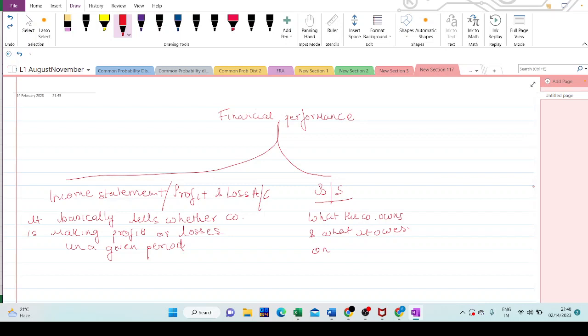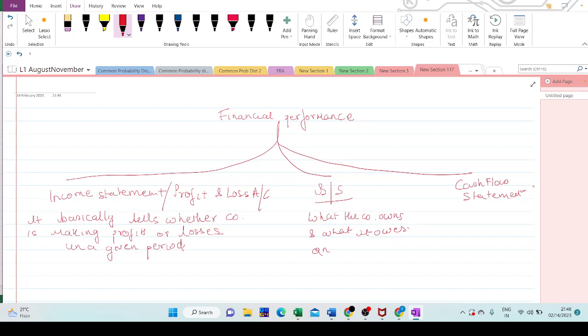Okay. The next is your cash flow statement. What does the cash flow statement tell you? Inflow and outflow of cash. Yes, the cash flow statement will basically show the inflow and outflow of cash. A net cash inflow or a positive cash flow basically means that the company has more cash coming in than going out.